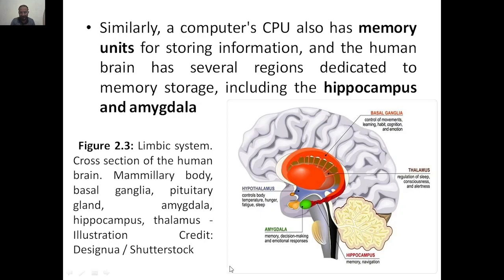Whereas the second one, what we mentioned as the amygdala, is responsible for memory, that I will remember some particular thing, and for decision making. For example, if I want to go somewhere, that needs to be processed and remembered here. Or if I have to decide whether I should take engineering or medical, that decision is made in the amygdala.